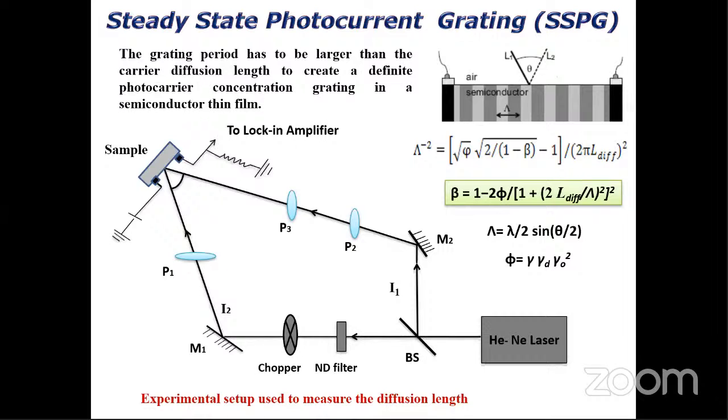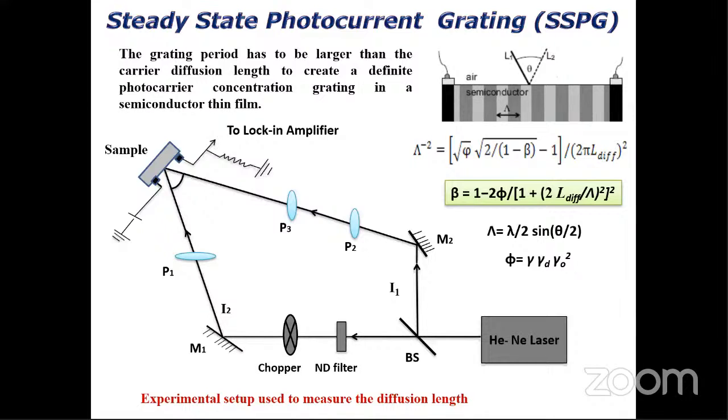So for measuring the carrier diffusion length, we have designed and fabricated an experiment known as the steady state photocarrier gating experiment, and you can see the experimental setup here.